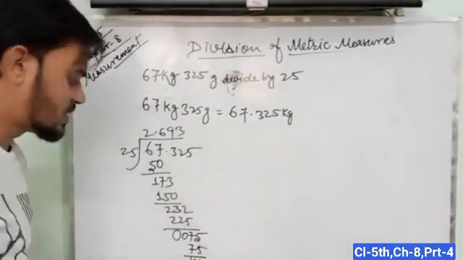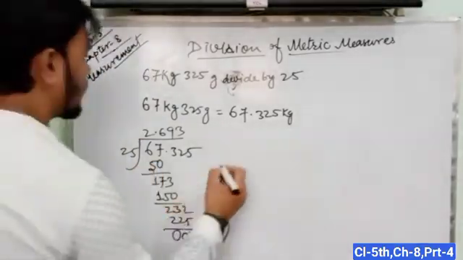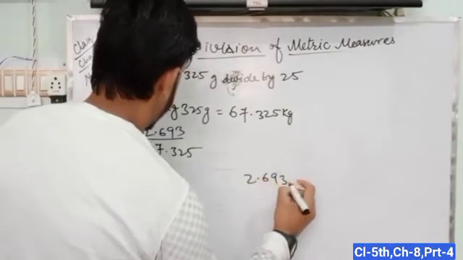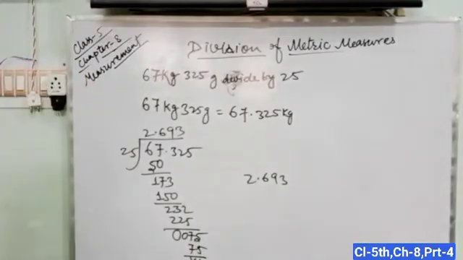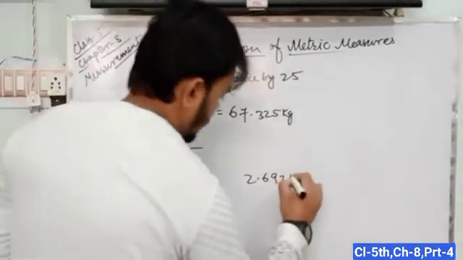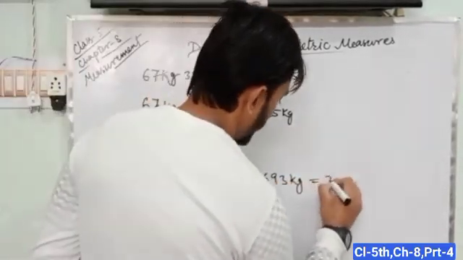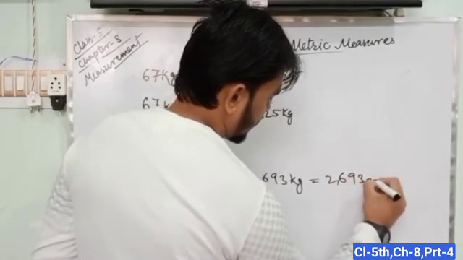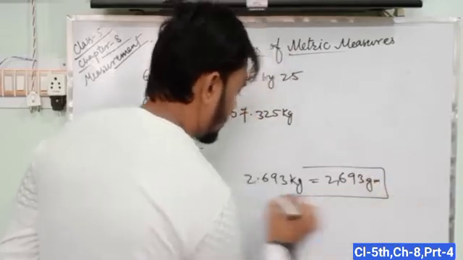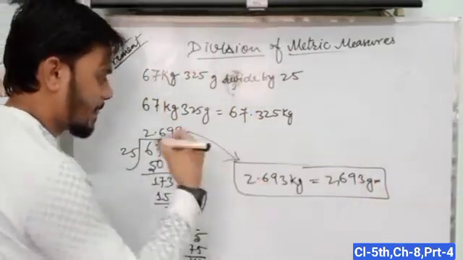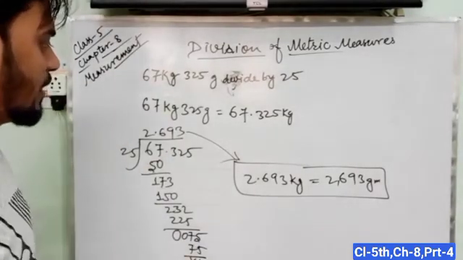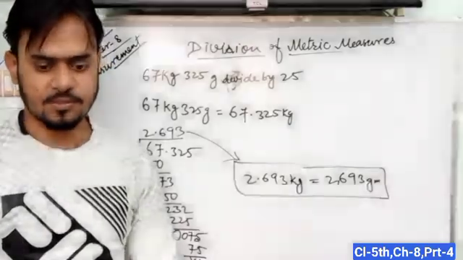So our result is 2.693 kilogram, which is equal to 2693 gram. Similarly, you can divide your metric measurements by following these steps.